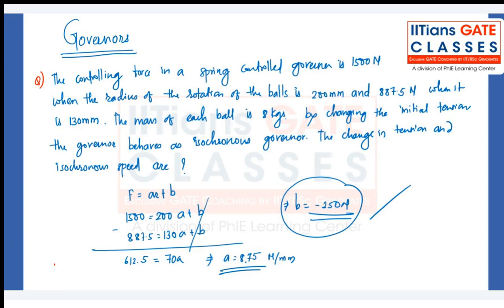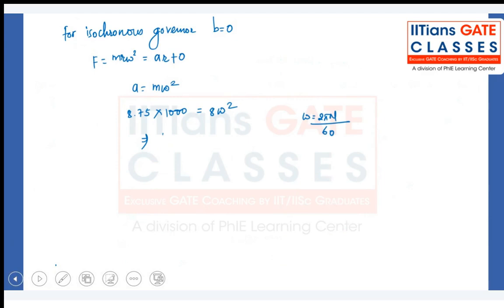So change in the tension here is this, but the isochronous speed they want in RPM. So you have to simplify this, 8.75 multiplied by 1000, 8750 divided by it. So I think you'll get omega squared is equal to 1093.75.